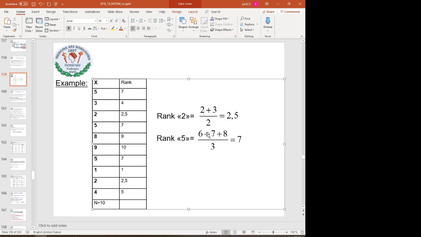The mean value is 7, so all of them get 7, 7, 7 and 7. And the next serial is 9. 9 goes to patient 8, and 10 goes to patient 9. That's all. So we spread all serials as ranks to our 10 patients.